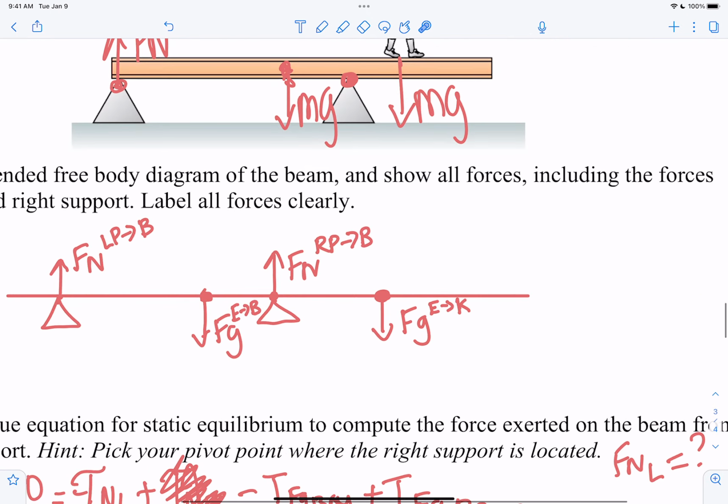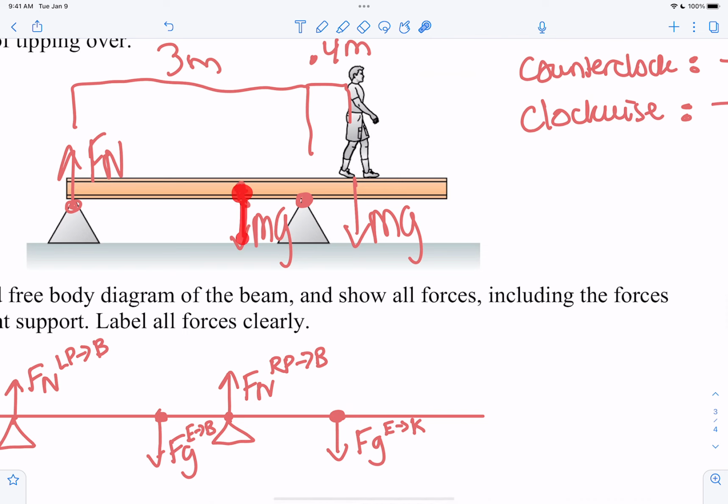Now, for this point right here, the beam, the way I think about this one is, okay, if we were to let this center of mass kind of overcome everything else, like a seesaw, if it plopped down in that direction, then we're going this way, this way, this way, this way.